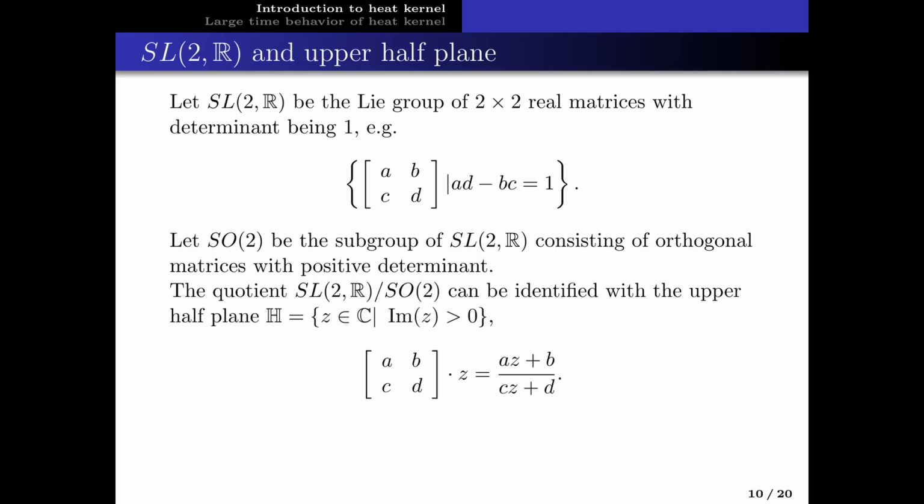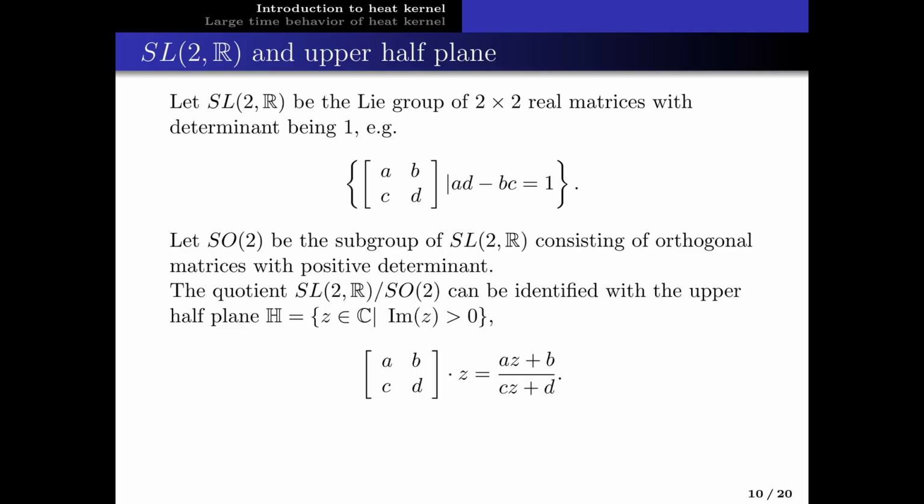This is a well-studied space in mathematics and also in physics. This is the upper half plane, carrying the complex structure, with the Mobius transformations of SL2. Here we are identifying this as the upper half plane in the complex plane, so z is in the complex plane.